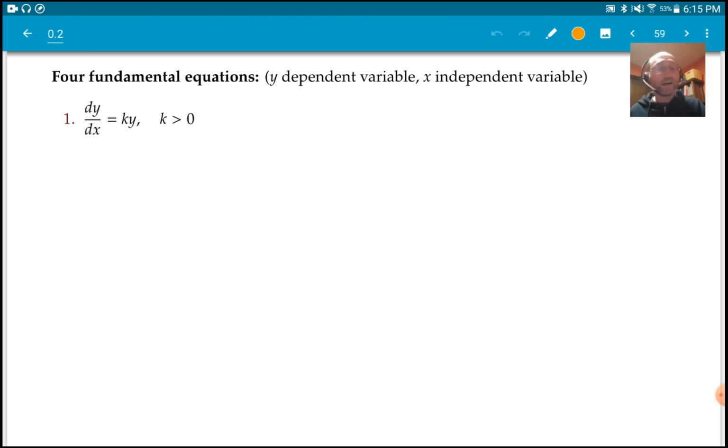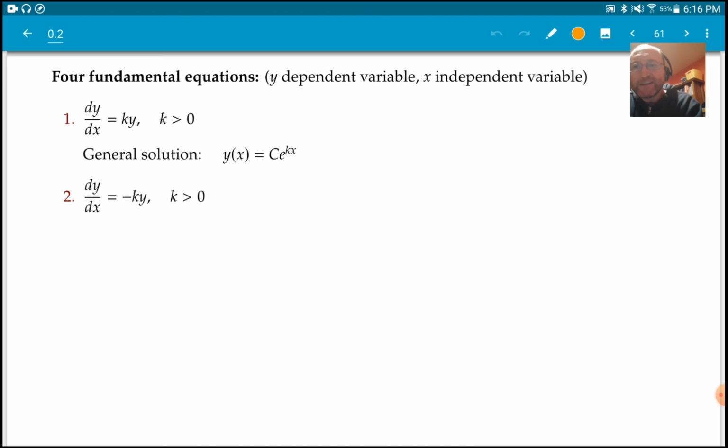All right, so here is the first equation. It's the exponential growth model. It's basically the one that we saw, and the general solution is this: c times e to the kx. Now the next one is almost the same thing.